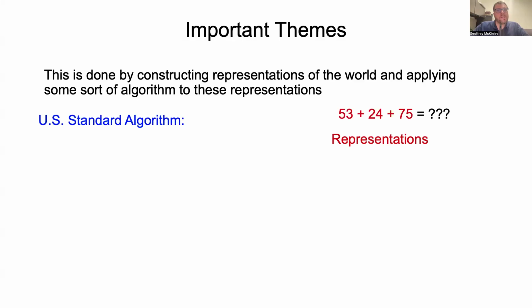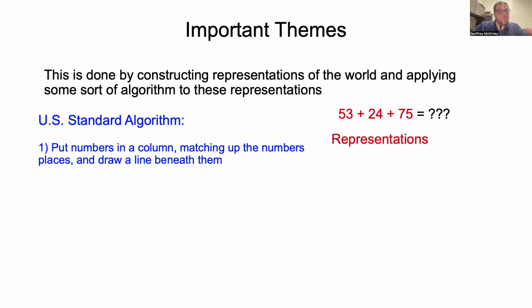And if you're trying to add the three numbers together, you can apply a standard US algorithm, right? Which is where I put the numbers in a column, matching up the place values, and draw a line beneath them, right? So that's what I did here.